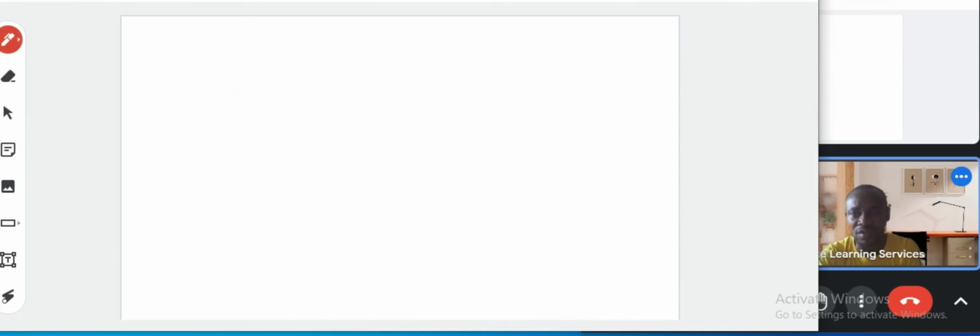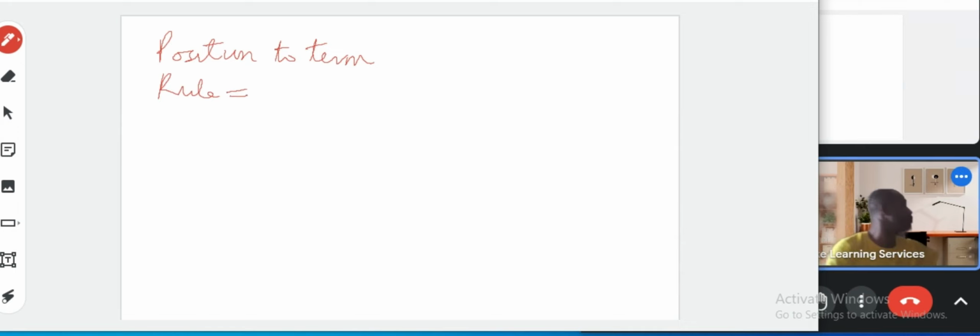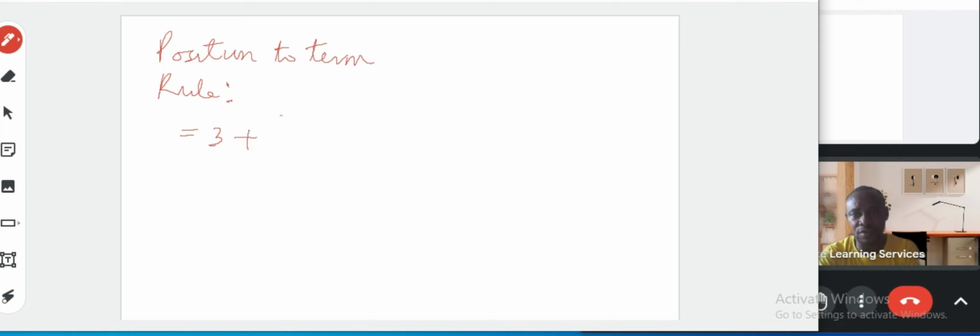So the term to term rule becomes, no, the position to term rule. We said this is the position to term rule, which is going to be 3 plus, open a bracket, n minus 1, then times 4.